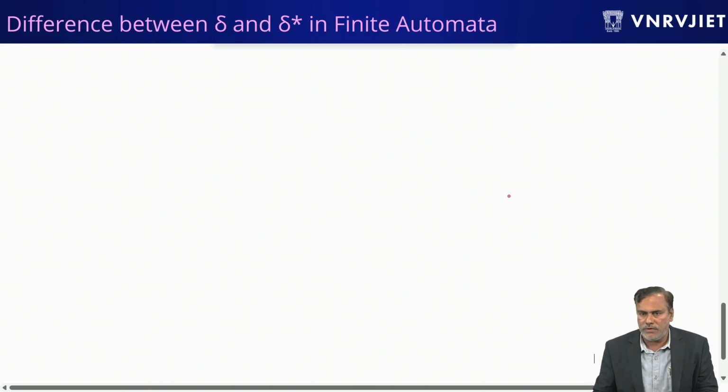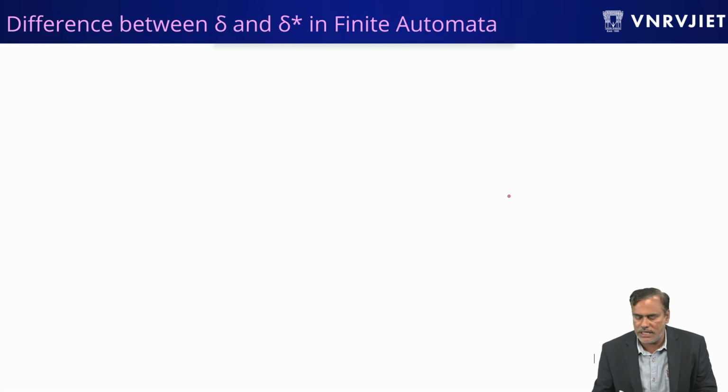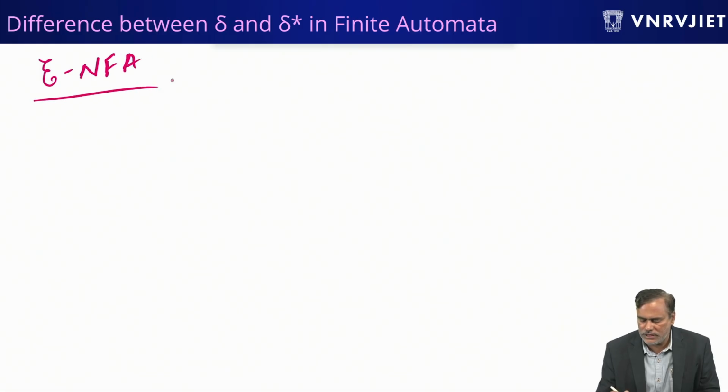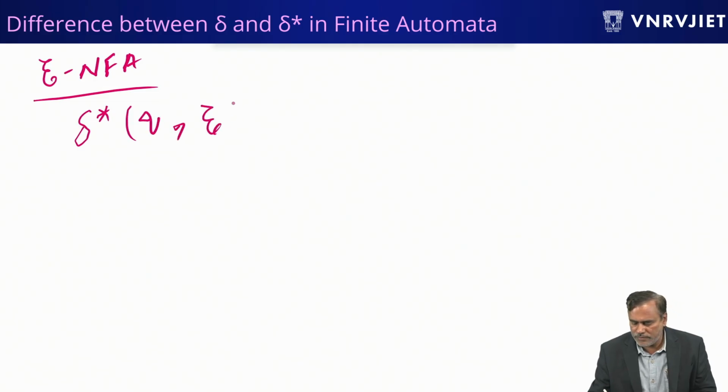So you know the transition function of this epsilon NFA. Just a recall. By means of this, you can clearly understand the basic difference between epsilon NFA and the other two, that is NFA and DFA. So what it says is this: delta star of Q on epsilon is what?